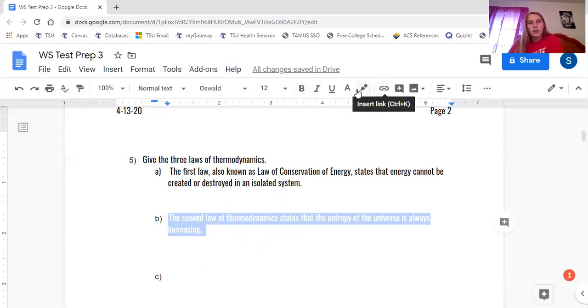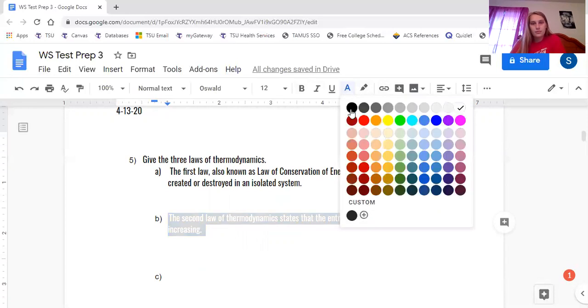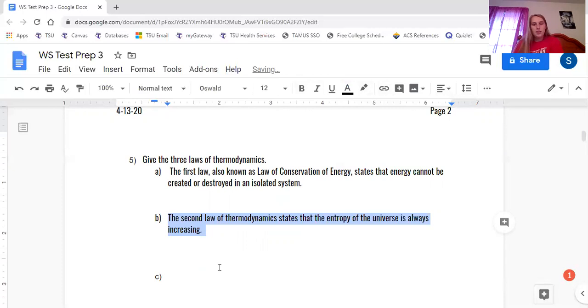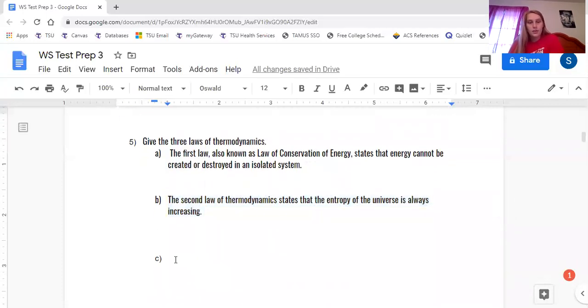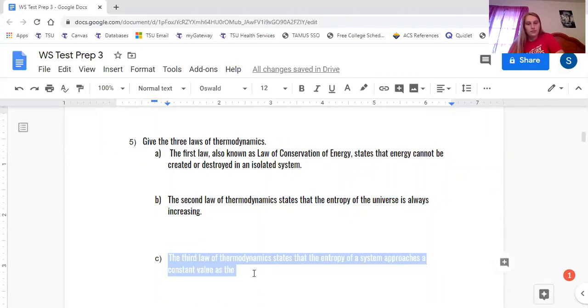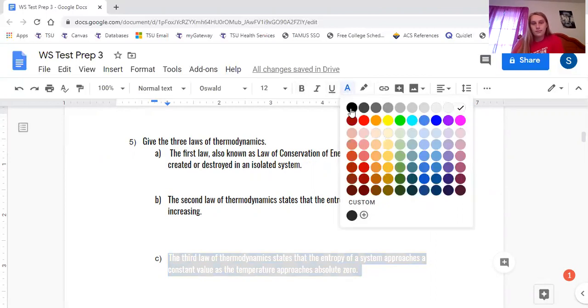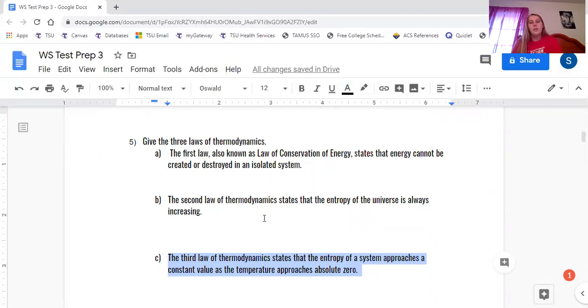Our second law here. The second law of thermodynamics states that the entropy of the universe is always increasing. The third law of thermodynamics states that the entropy of a system approaches a constant value as the temperature approaches absolute zero.